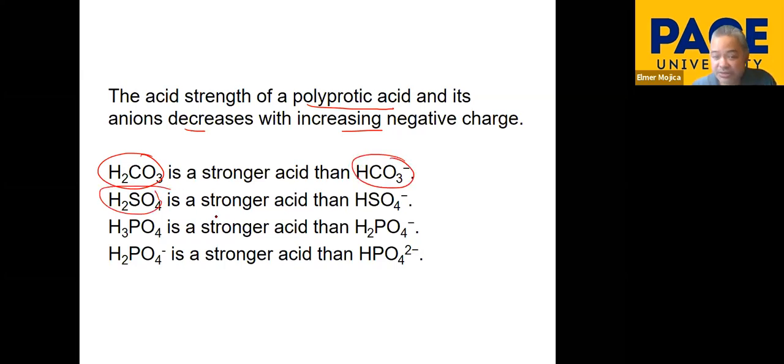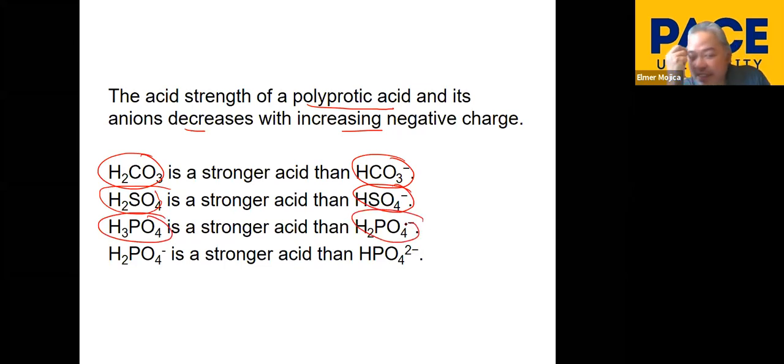Sulfuric acid, which is a strong acid, is much stronger than HSO4 minus. Phosphoric acid is much stronger than dihydrogen phosphate, and dihydrogen phosphate is a stronger acid than monohydrogen phosphate. So that's what it means. That's the basis on how you determine the strength.